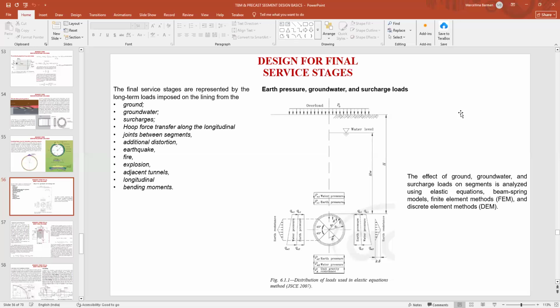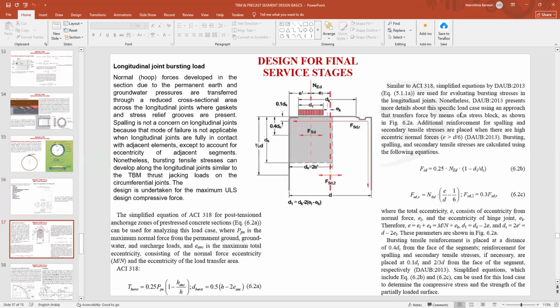That is not the original moment of inertia of the section, because the segments are connected through joints. So if it is a 5+1 or a 6+1, depending on the number of segments, the moment of inertia is also reduced. Another is the reduction of the cross-sectional area of the segment, particularly where the grooves are there for the stress relief or where the gaskets are present.